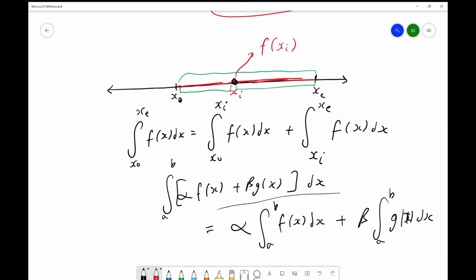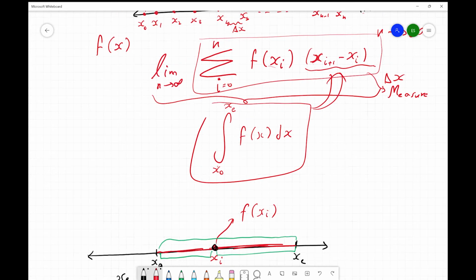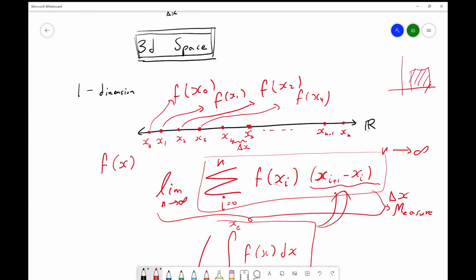This linearity is also clearly seen from understanding the integral as just an infinite sum. If you sum something that has components, that's equivalent to summing the components separately, right? So this is the basic property of integration.